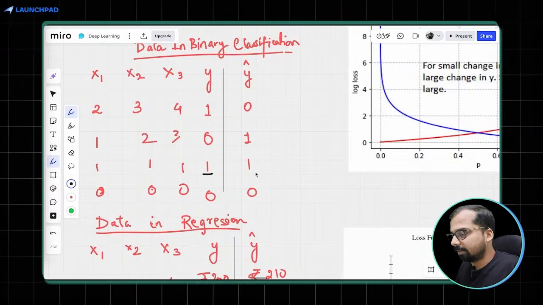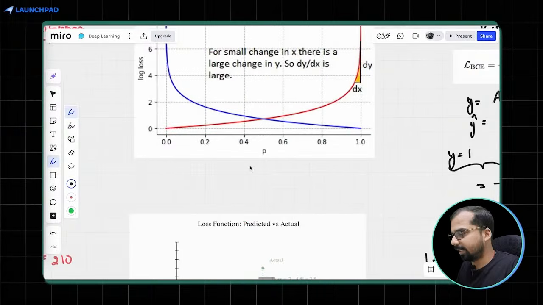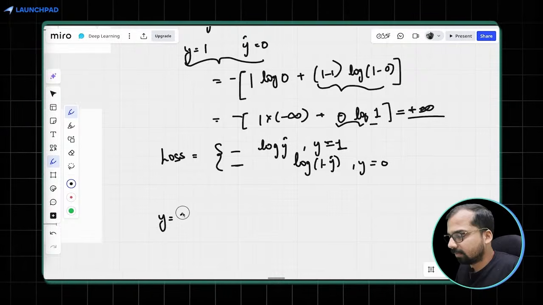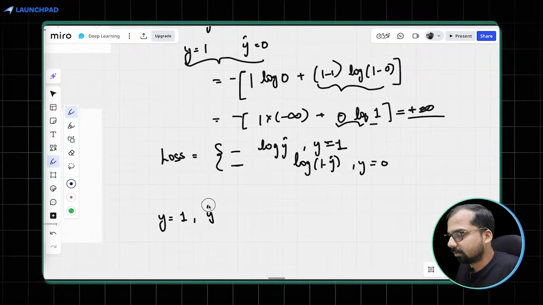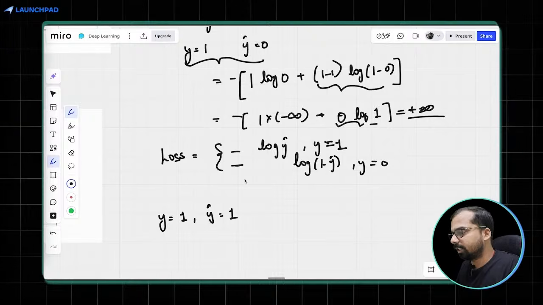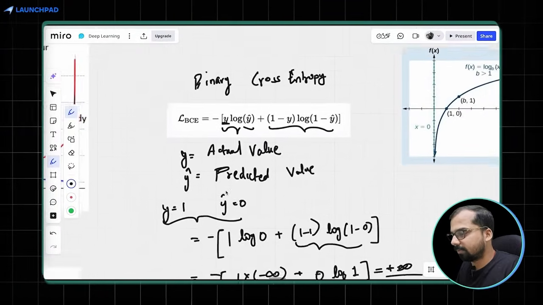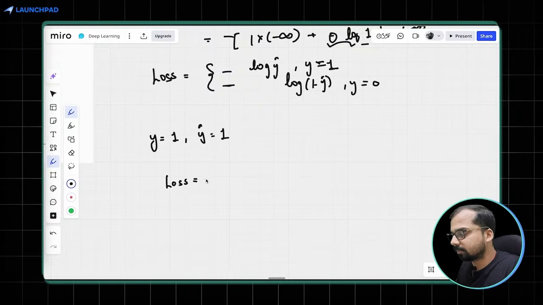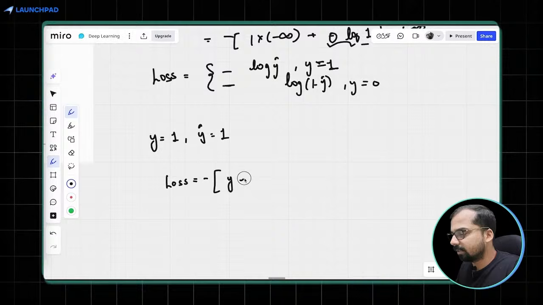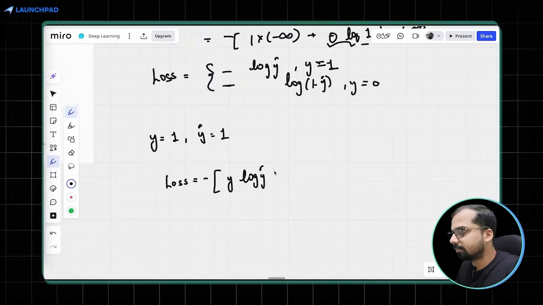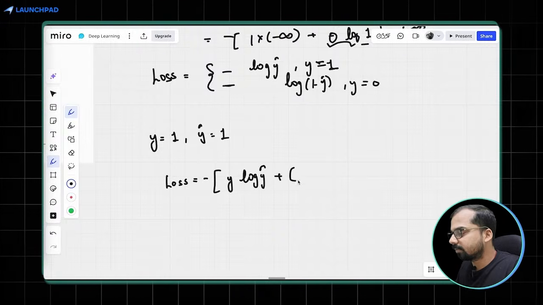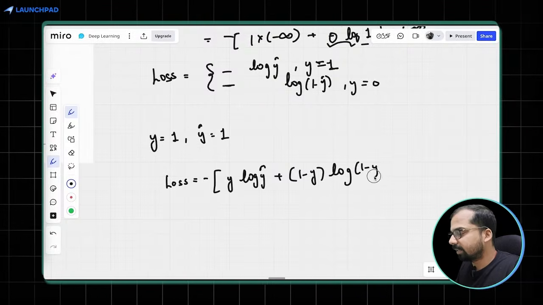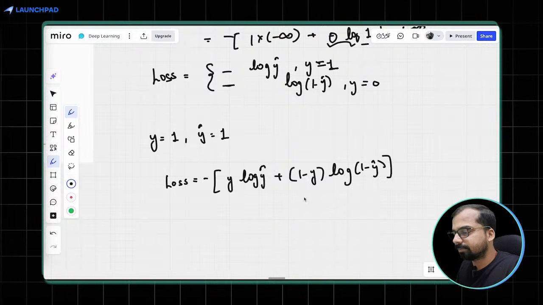Let's take this example. When both are same, so I am basically saying y is also 1 and y hat is also 1, right? So let's put it in this formula above. So the loss is minus of y log y hat plus 1 minus y log 1 minus y hat, right?